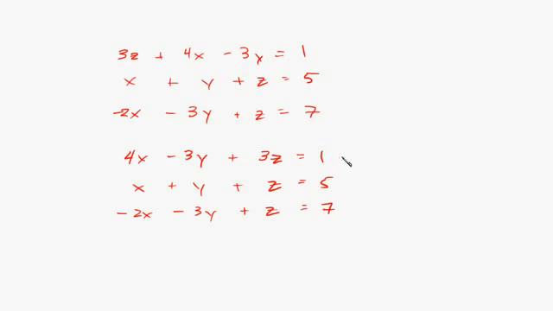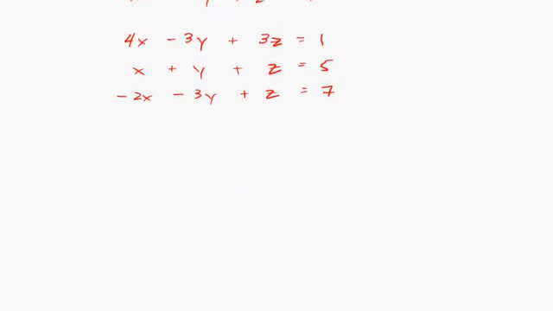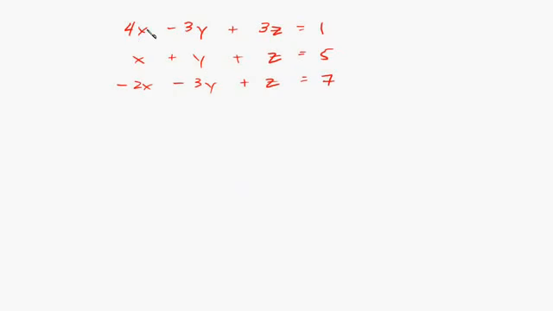And when you're setting up an augmented matrix, as it's called, what you want to do is write the coefficients down and the constant. I'll re-explain how to do all this with the following problem, but I'm going to show you just the basics of what you can do. So take the 4, the negative 3, and the 3, and the 1 goes here, and then this has coefficients 1, 1, 1, 5, negative 2, negative 3, 1, and 7.